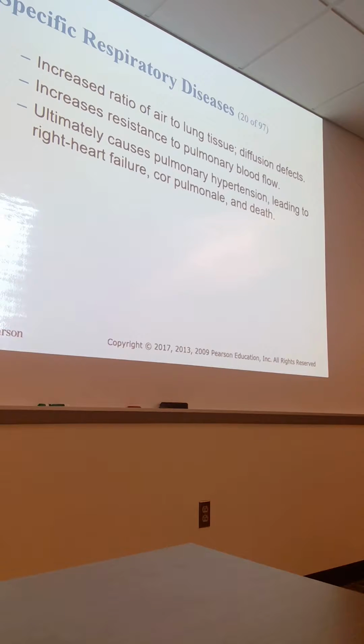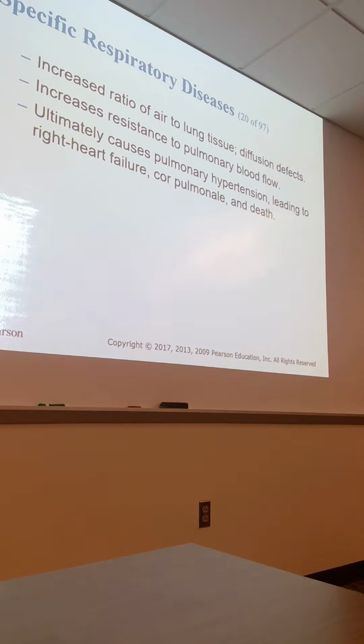So there's more of a load on the right side of the heart, leading to right ventricular hypertrophy, leading to heart failure, leading to distension of the liver and peripheral edema.